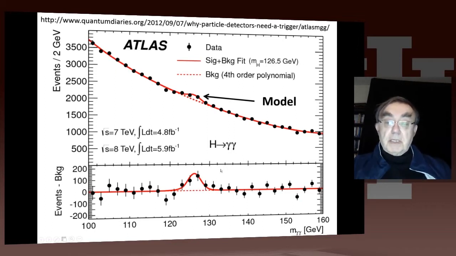I told you most particles don't go to, I mean, there are a few pi zeros that go to two photons, but pi zeros don't have a mass of 125 GeV. They have a mass much less than a GeV. So there is no ambiguity between a pi zero and a Higgs. And this plot at the bottom here comes from this model.